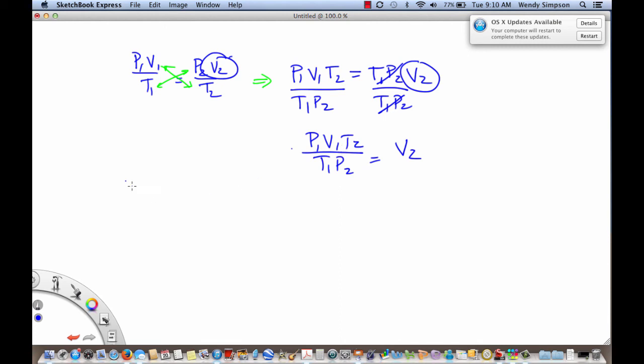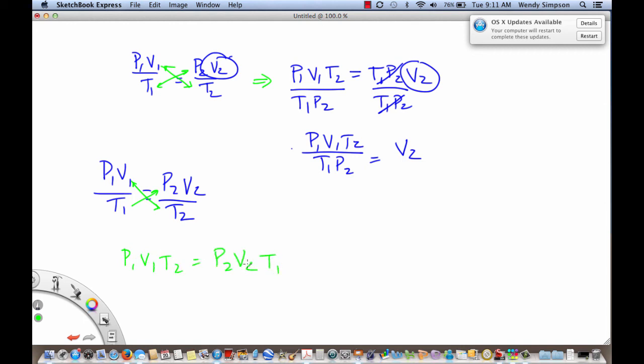Likewise, here's our combined gas law again. Do the old cross multiply: P1 times V1 times T2 equals P2 times V2 times T1.